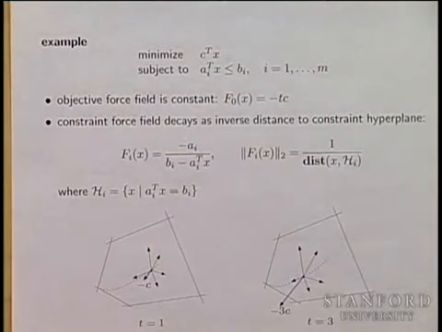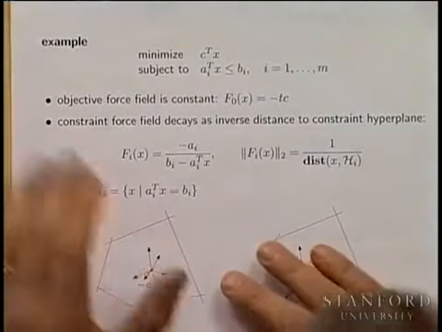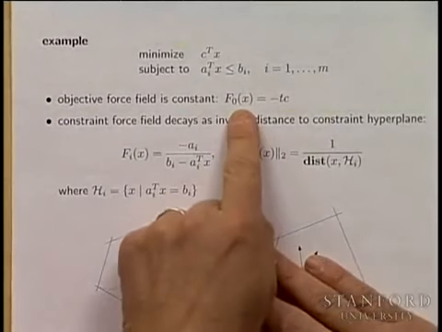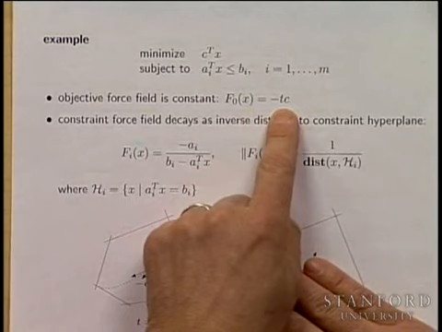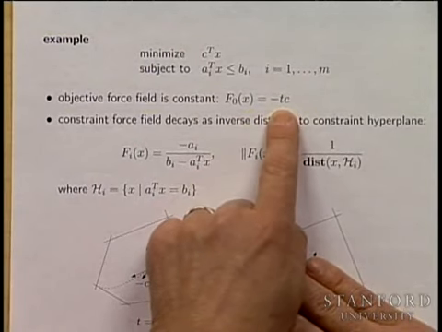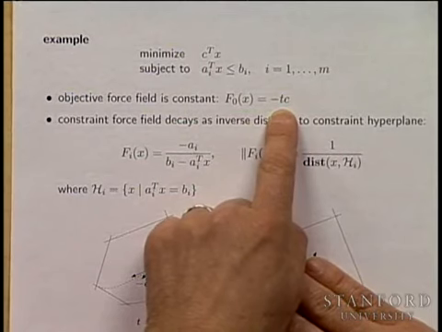So here, for linear constraints, sorry about that. Here's the way it works. My force field on top of this is simply in the direction c. By the way, if you like, you could make this gravity. So this could be g times whatever down. Okay, so that's what this is.